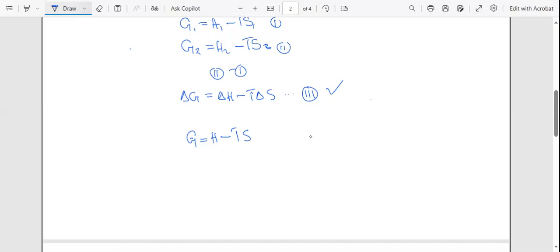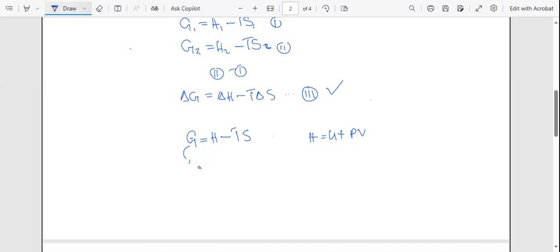Now enthalpy H is given from the first law of thermodynamics. It says it equals internal energy plus work, which is PV. This is the given equation. Then we'll substitute in equation 3 and make it equation 4.